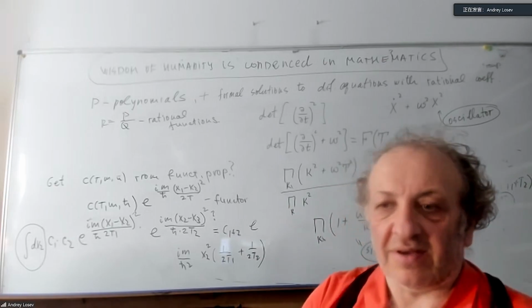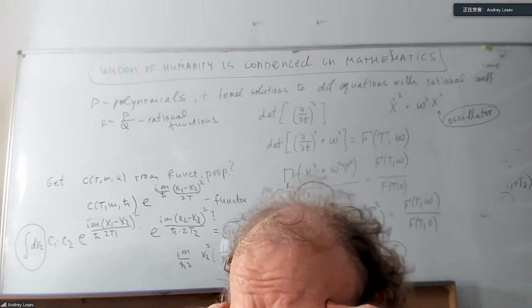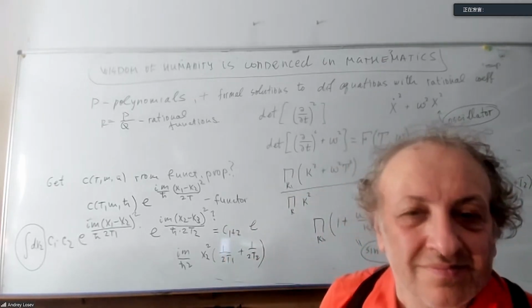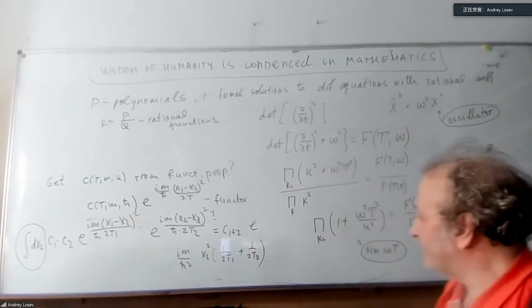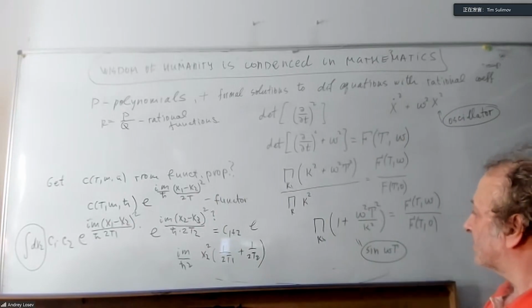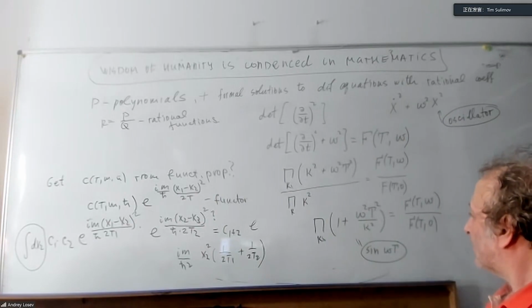Shouldn't it be a hyperbolic sine? It doesn't have any zeros on the real line, only on the imaginary.